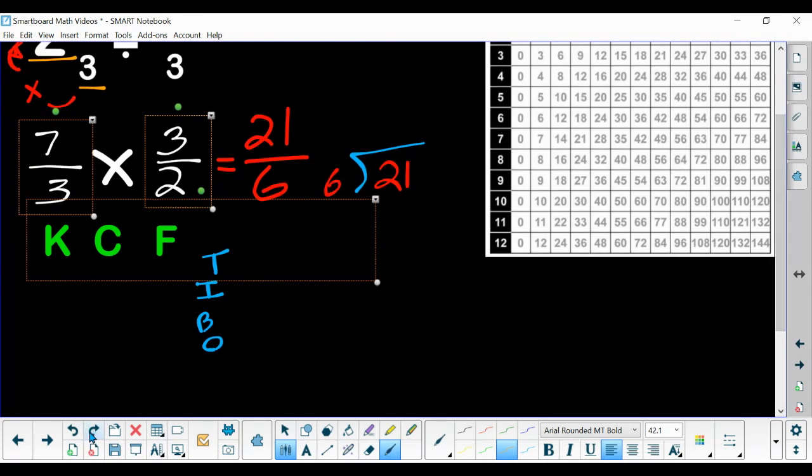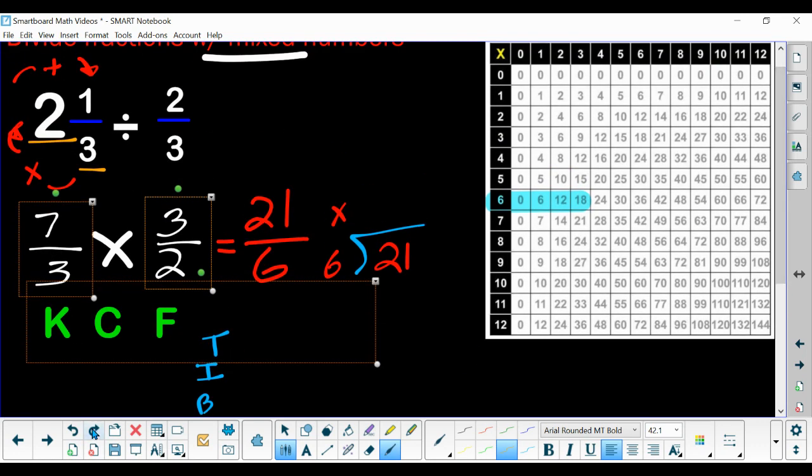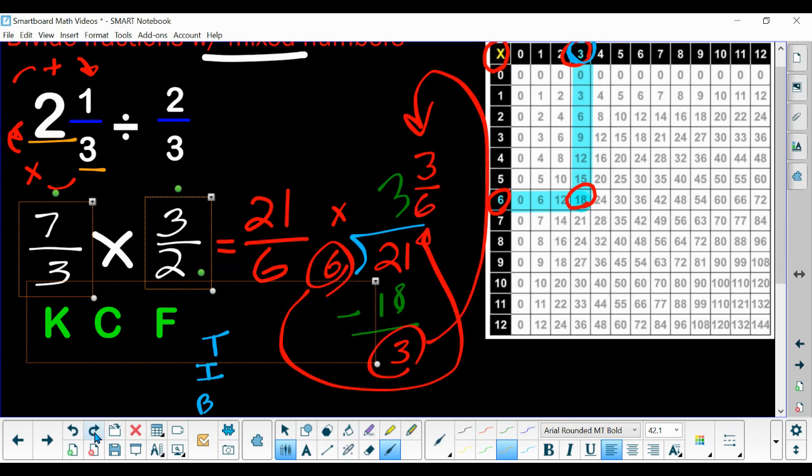So how many times does 6 go into 21? Here's your chart showing you how many times. 3 times. That gives me 18. 6 times 3 is 18. Subtract, I'm left with 3. 3 goes here. 6 goes there. Top, bottom.